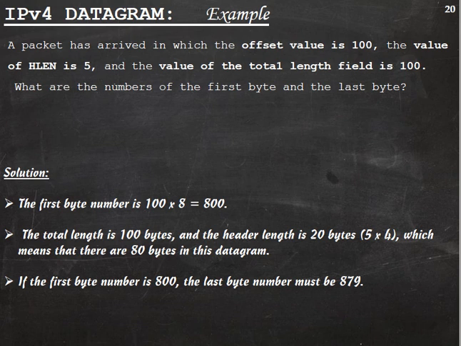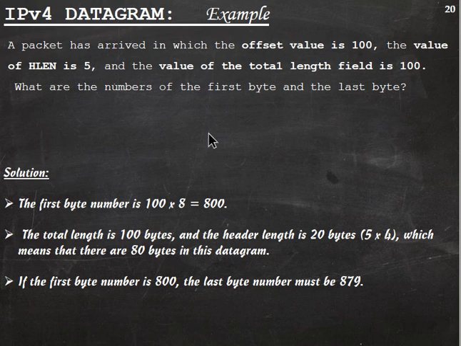According to this problem, the offset value is 100, the HLEN is given as 5, that is the length of the header, and the total length field is given as 100. Using these three data, we need to calculate the numbers of the first byte and the last byte.